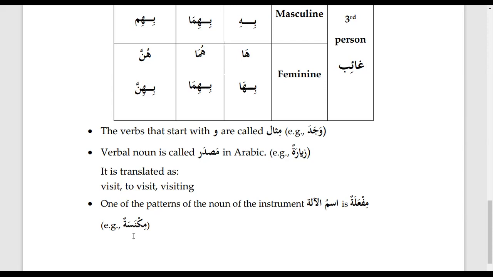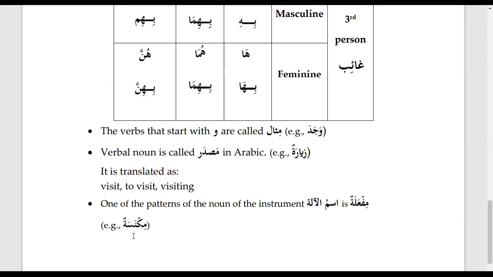Ismul ala, what do we call it? The noun of the instrument. Do you remember one example of ismul ala that we learned yesterday, or in any of the ismul ala that we have learned before? Miftah. Excellent, miftahun. Yesterday we learned about iron. Mikwa. Mikwatun, okay.